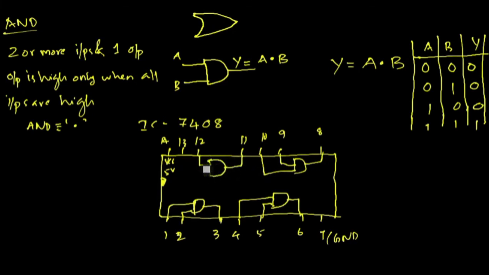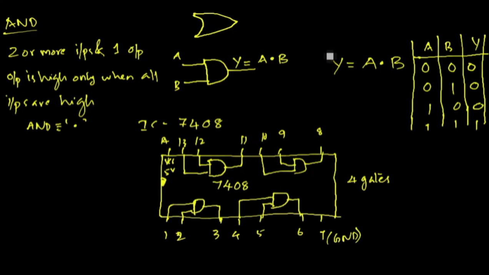Then 11 is the output and 12 and 13 are the input for the last gate. So this is IC 7408. It consists of 4 logical AND gates. The 7 and 14 are the ground and plus VCC respectively. So 7408 is a 2-terminal input logical AND gate IC consisting of 4 logical AND gates.